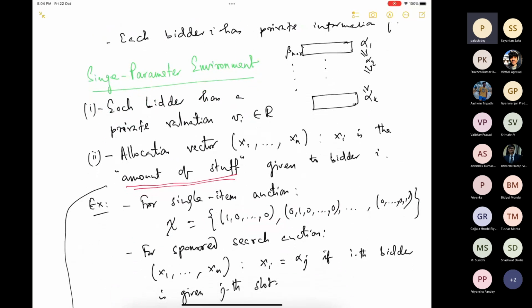we studied this tool in a more general framework of single parameter environment. What is a single parameter environment? Each bidder has a private valuation Vi, and there is an allocation vector x1 to xn. In some sense, xi is the amount of good that is given to bidder i.